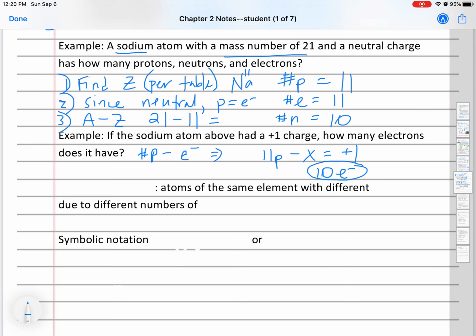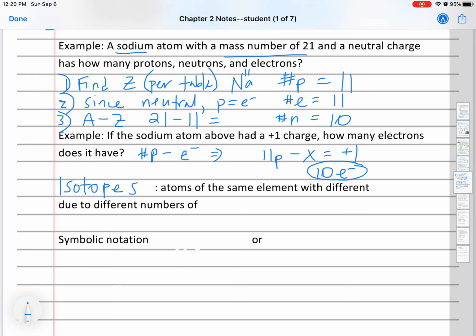But now we're going to come back to a concept that I mentioned earlier. Remember, we talked about Soddy and his discovery of atoms of the same element with different masses but same properties that we called isotopes. Iso means same. And the name isotope basically means that they're in the same place on the periodic table.